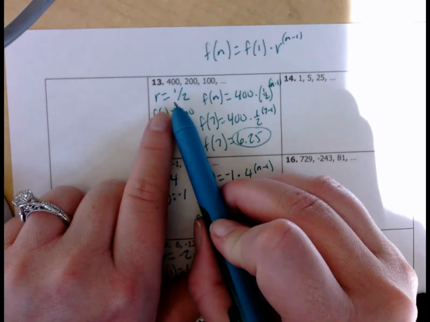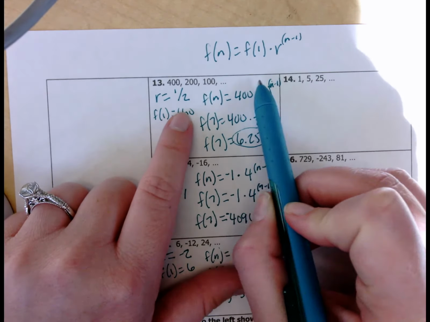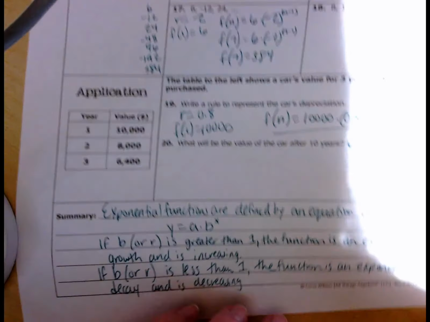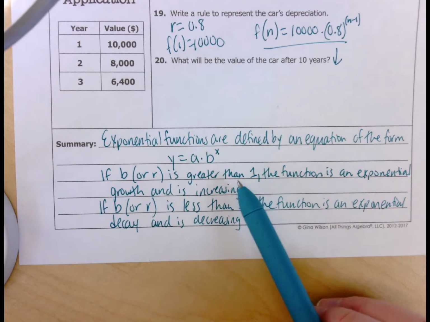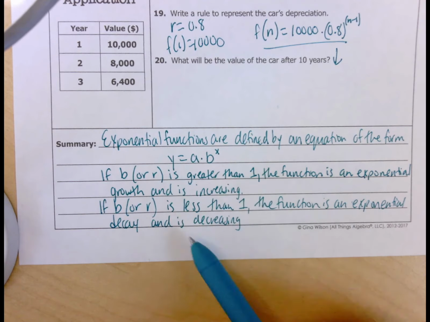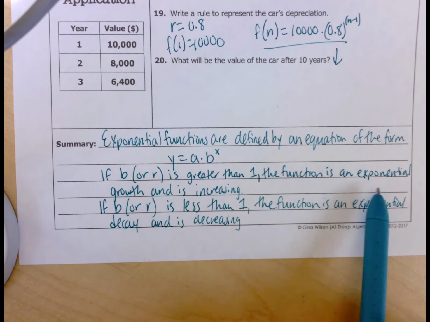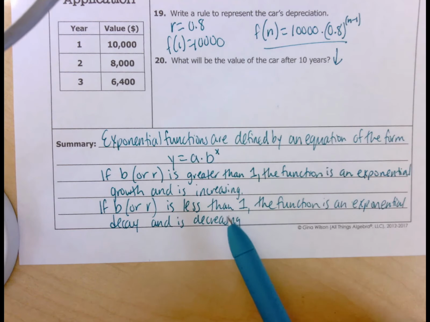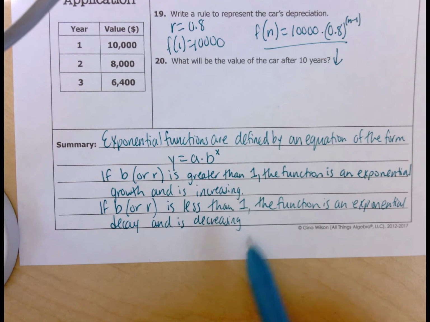Okay, and so up here you see that the ratio is 1/2, that's less than 1, and so this number is getting smaller as we go. That 400 is reducing each time. Okay, so exponential functions are the same thing as geometric functions. If that ratio is greater than 1, the function is exponential growth. That means it is getting larger, it's increasing. And if it's less than 1, then it is exponential decay. That means it is going down, it is decreasing.